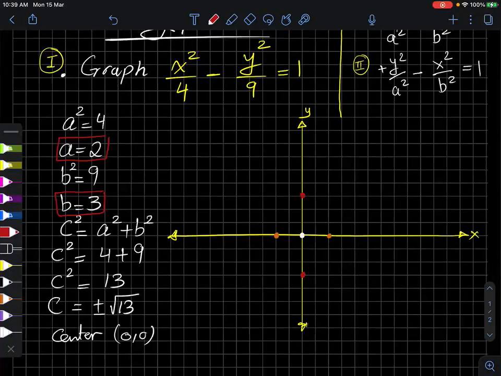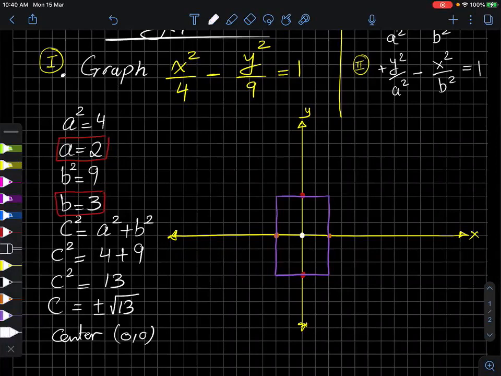Pay attention, all of you, please. Connect the points you have. Let's connect the points as a rectangle. Draw your framework like this. Connect the vertices and the co-vertices. Draw your framework like a rectangle, like this one. Now draw your asymptotes.